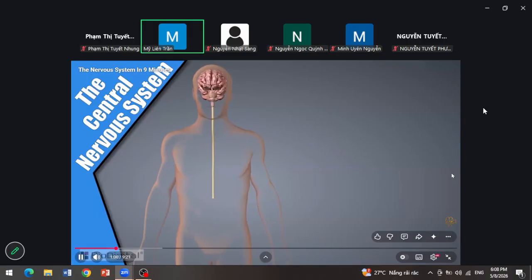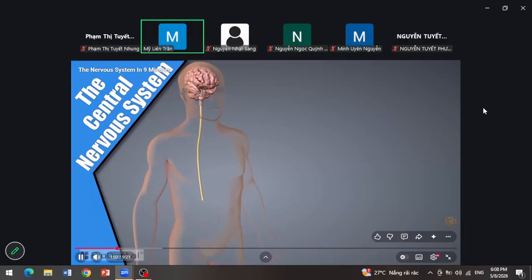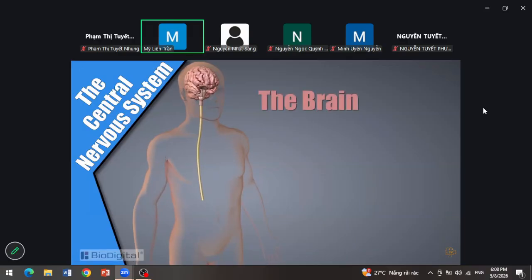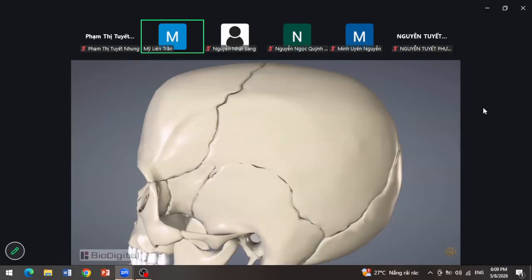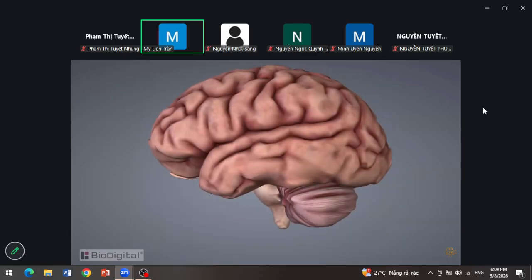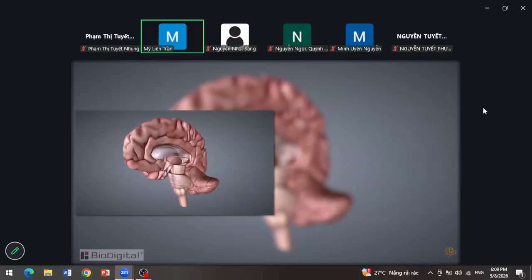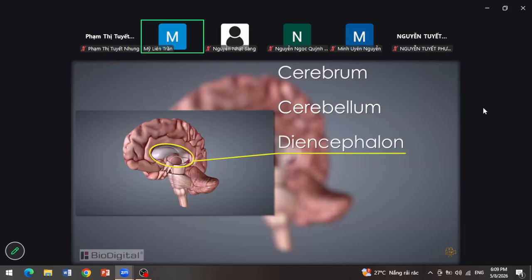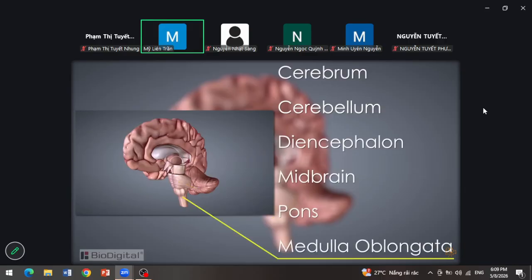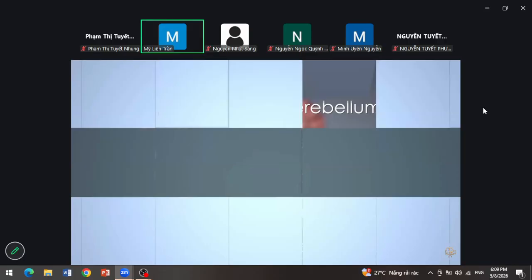The central nervous system is made up of 2 major structures: the brain and the spinal cord. As most people know, the brain is found within the cranium or skull, and there are 6 main sections among other structures within it. These 6 sections are the cerebrum, cerebellum, diencephalon, the midbrain, pons, and the medulla oblongata.